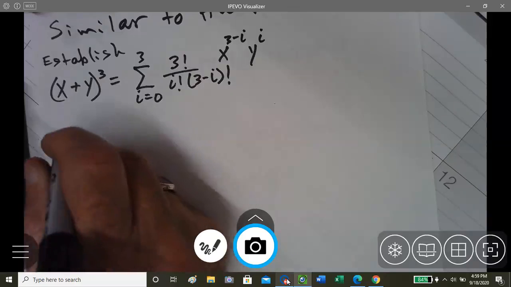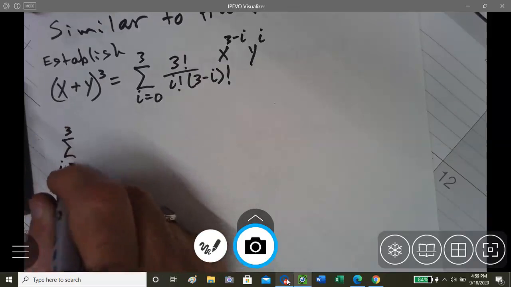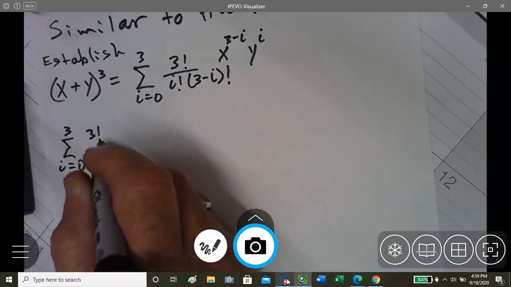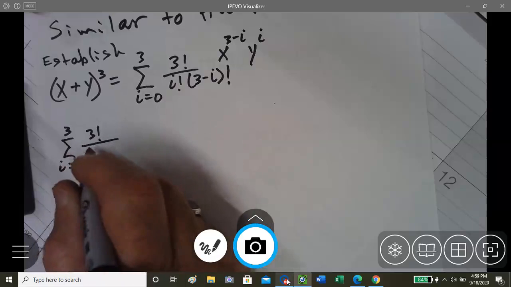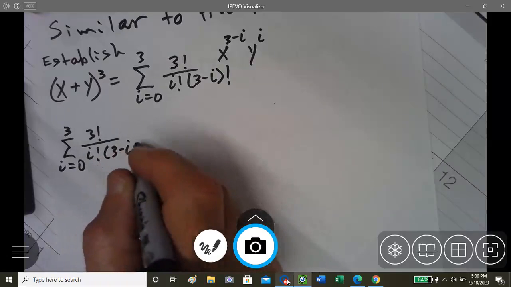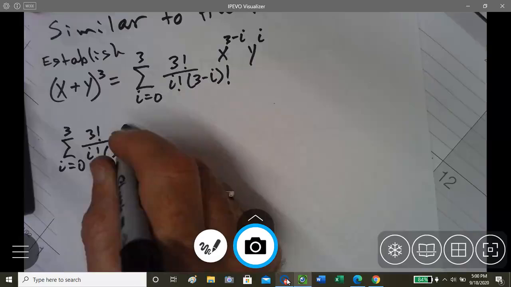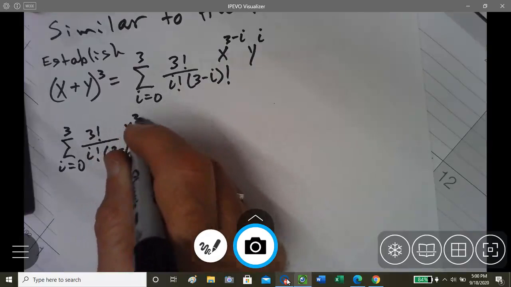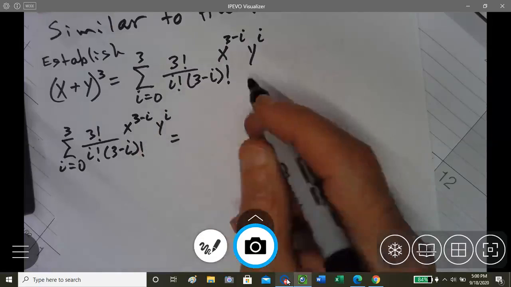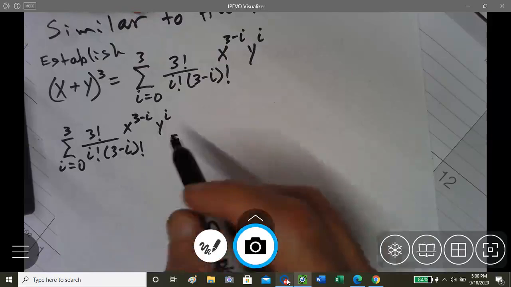So we start with the summation of i equals 0 to 3 of 3 factorial over i factorial times 3 minus i factorial, x to the 3 minus i, y to the i. We do this part first.